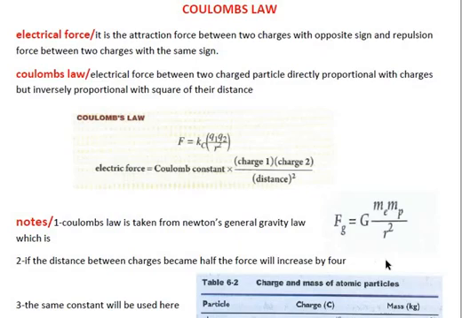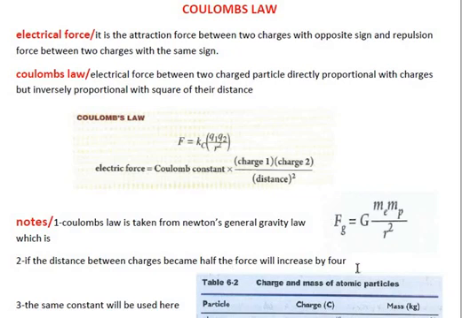But this rule here is Fg equals G times m1 m2 over r squared. This is called the general gravity law of Newton, and we use it to find the gravitational force between two objects. So Coulomb took his rule from Newton's general gravity law.